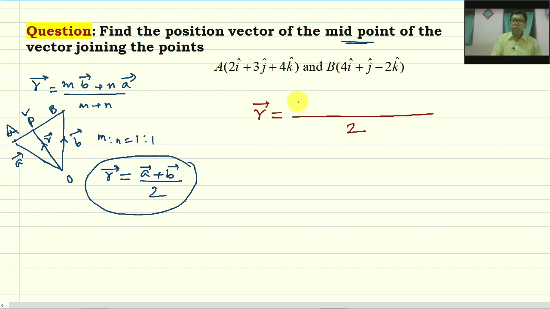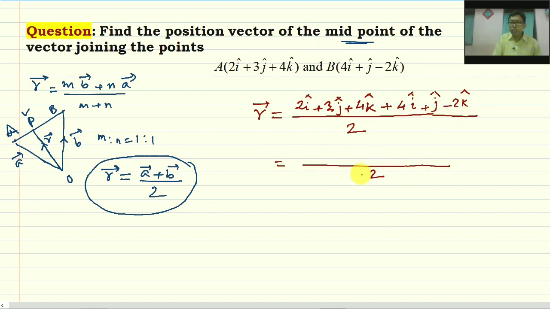In this case, if the midpoint and its position vector be R, then obviously the denominator is 2, and you will just add these two position vectors. First one is 2î + 3ĵ + 4k̂, plus 4î + ĵ − 2k̂. So the denominator as usual 2, and 2î + 4î is 6î, 3ĵ + ĵ is 4ĵ, and 4k̂ − 2k̂ is 2k̂.